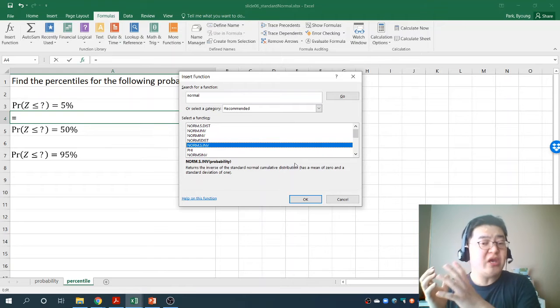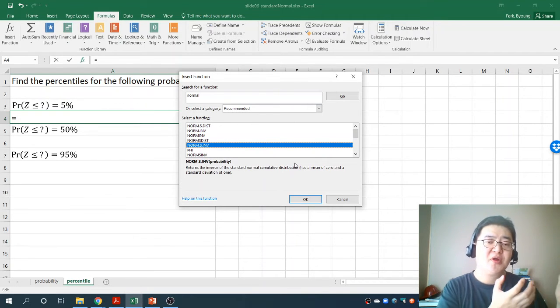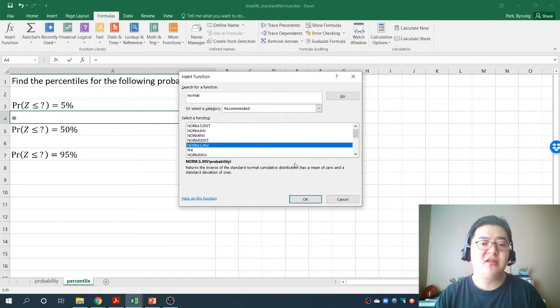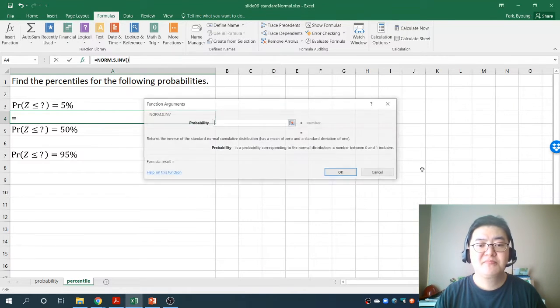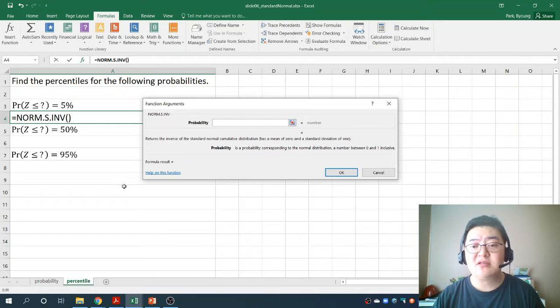So we input the probability, then it returns the value that corresponds to that probability. We are taking the inverse of what we have done before. Use this function, and it has only one argument, which makes it easier than the previous example. So just put the probability you are interested in.